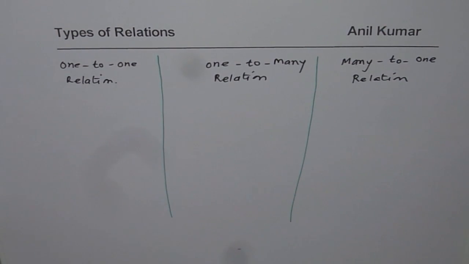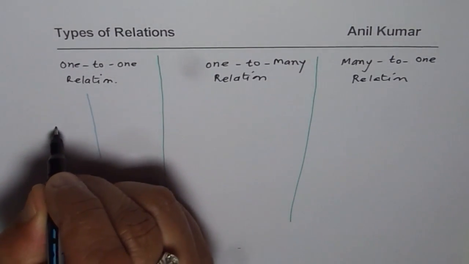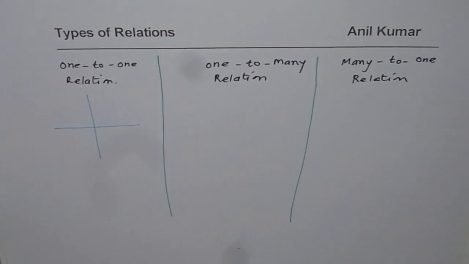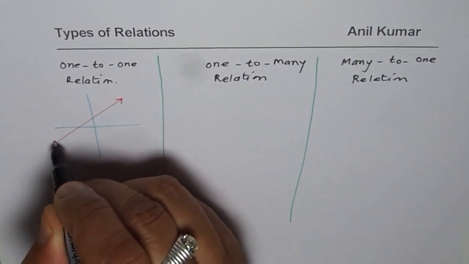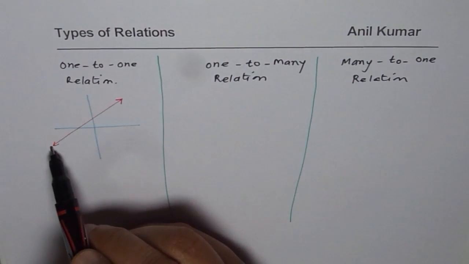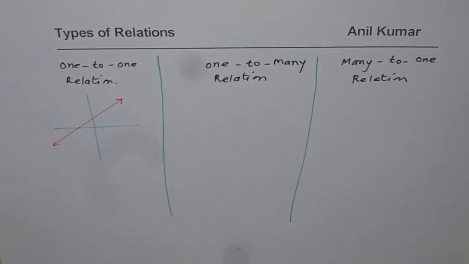One to one relation. Relations could be represented in different forms. So let me show you one-to-one relation with the help of a graph. So if I draw a straight line, in that case, every point on this straight line represents one-to-one relation. How?